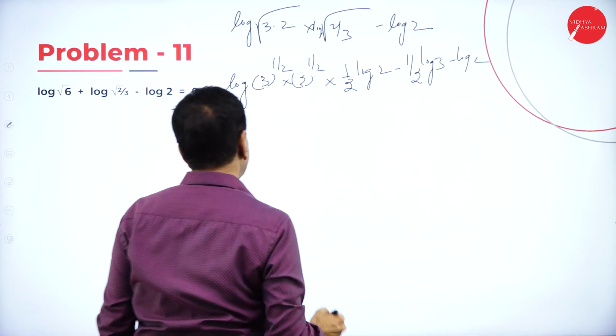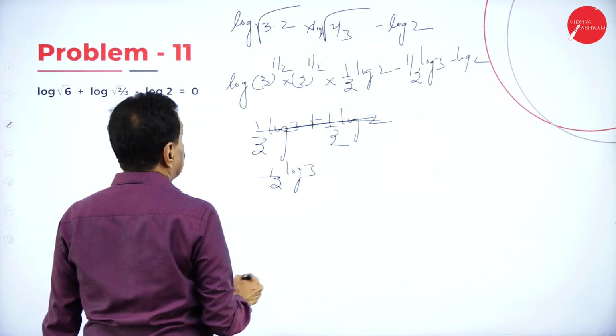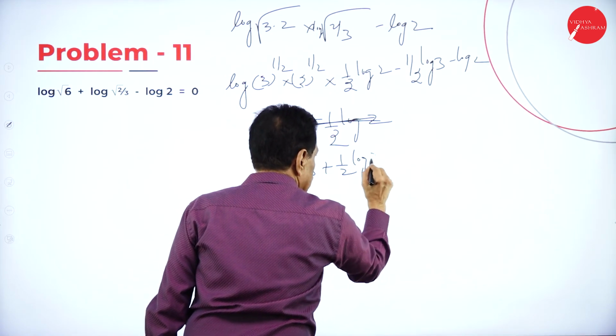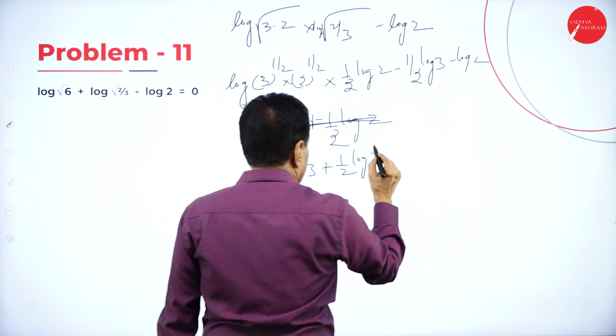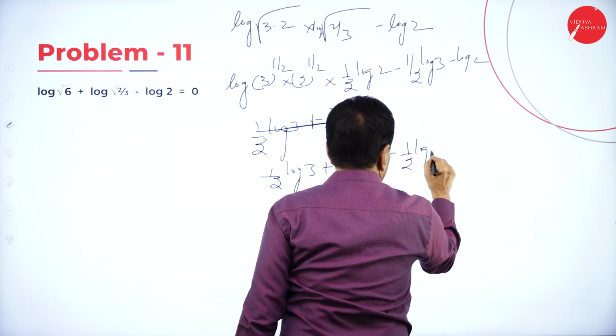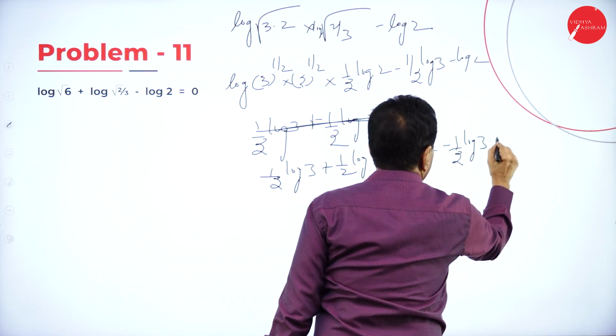This can be written as half log 3 plus half log 2 plus half log 2 minus half log 3 minus log 2.